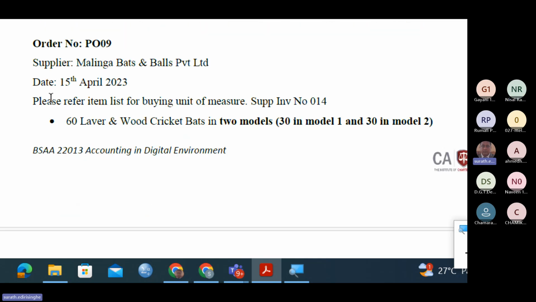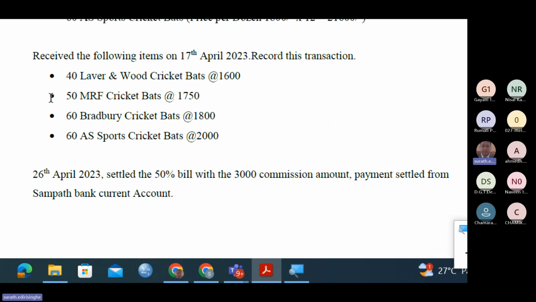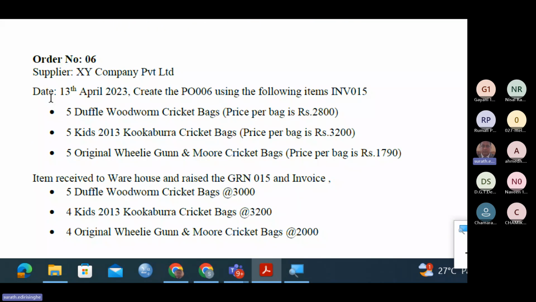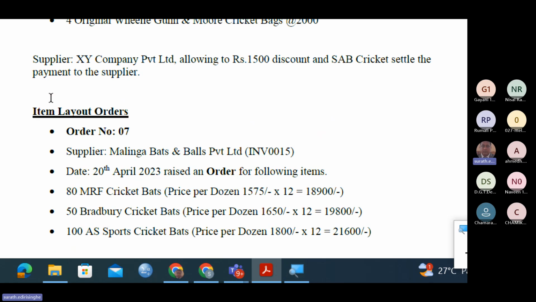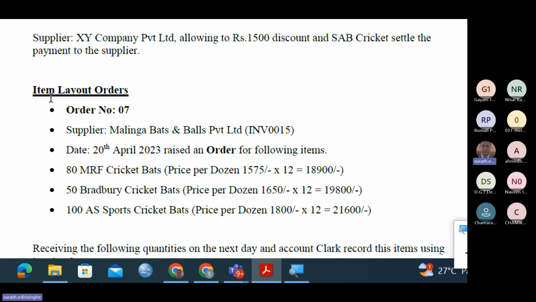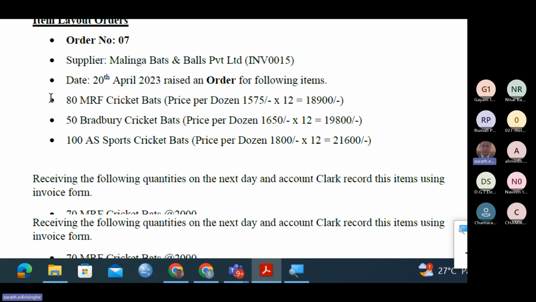I think transaction number 9 was completed last week. Go to this transaction and complete all transactions in this tutorial. If you are not in a position to complete any transaction, I am here. Ask any question and I can clarify your problems. Start to record this PO number 6 transaction. The item layout transaction and service layout transaction were also discussed last week.